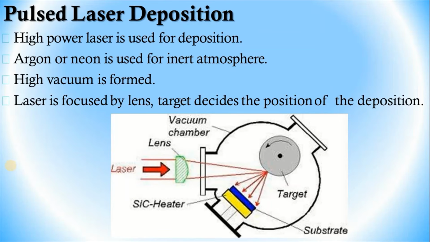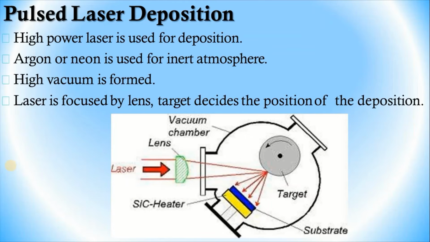By using that diagram, you can clearly understand that the metal deposition is achieved by ablation of the target material, that is the metal to be deposited, using a pulse laser and depositing it on the substrate. Here the metal is vaporized and ejected from the surface as it is irradiated by a laser beam.